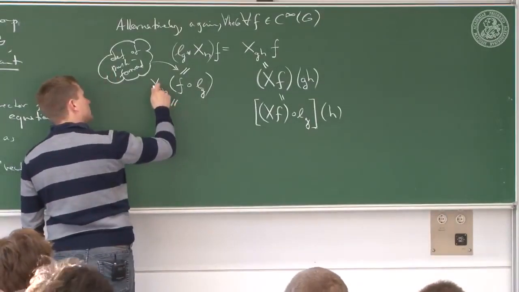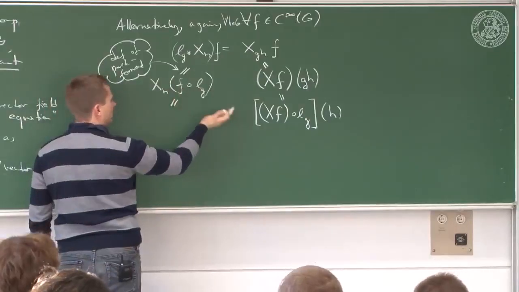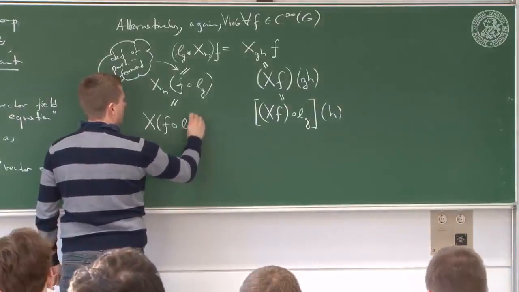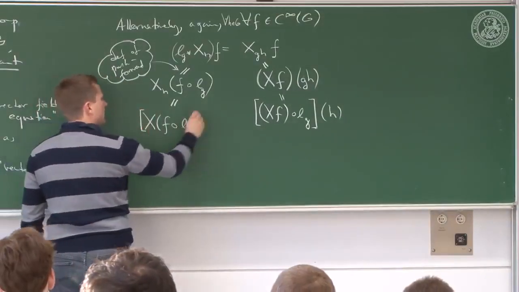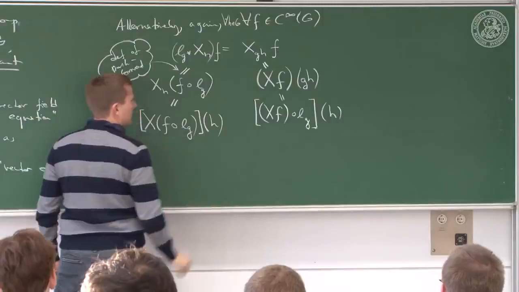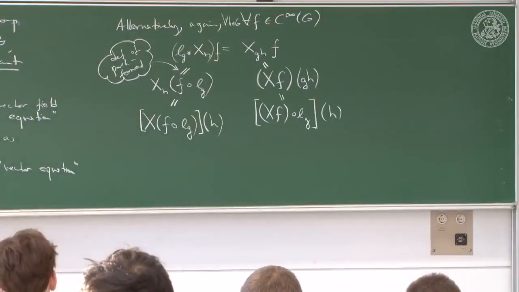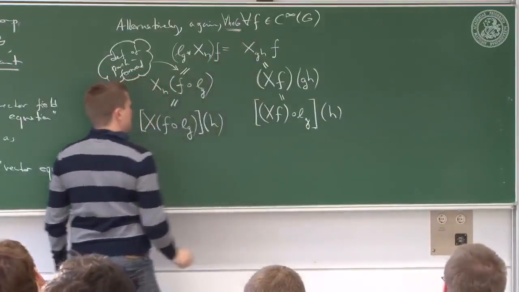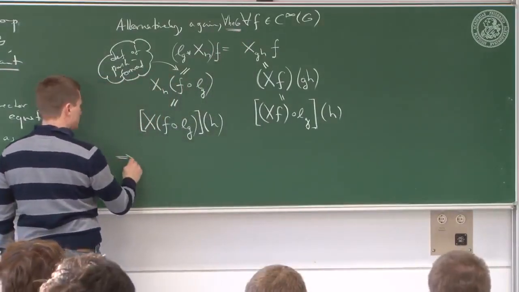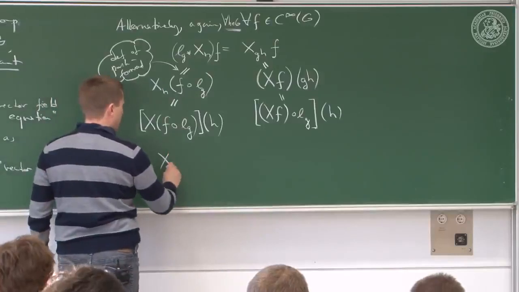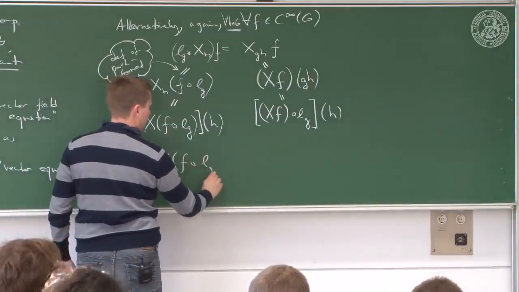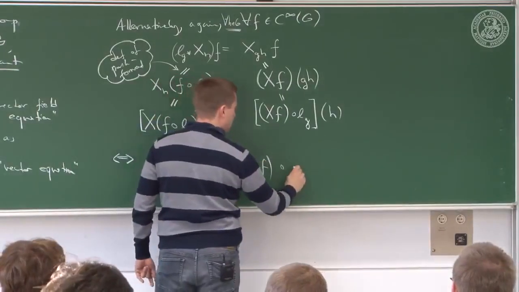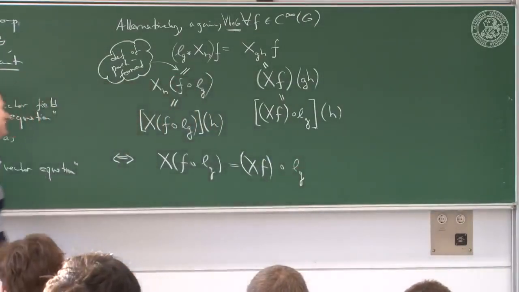Instead of letting the vector at the point H act on the function, I can let the entire vector field act on the function, but then I only look at the result at point H. Aha, but this is true for every H in G. That means this is equivalent to saying X of f after LG is XF applied after LG.